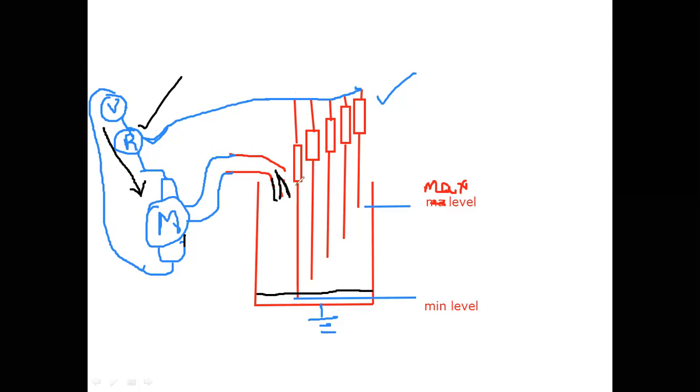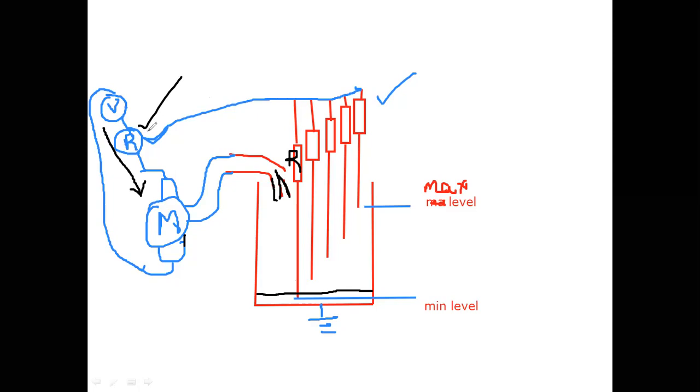But as the water rises in the tank, it makes a short circuit here to ground. It forms a closed loop, and this resistance R is added in the network.